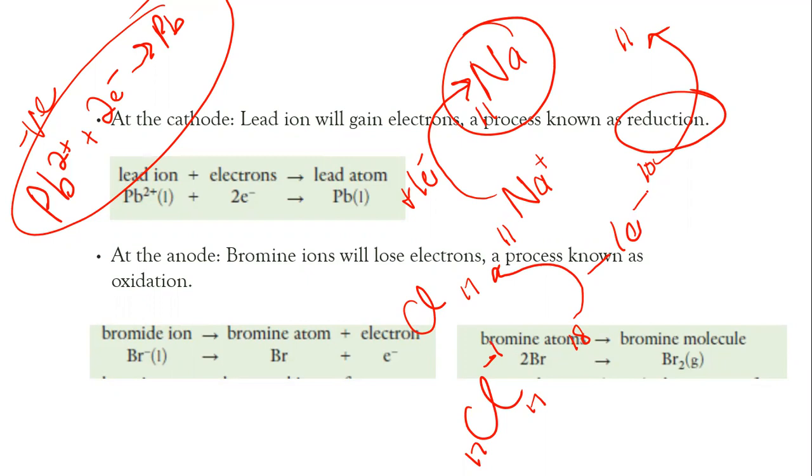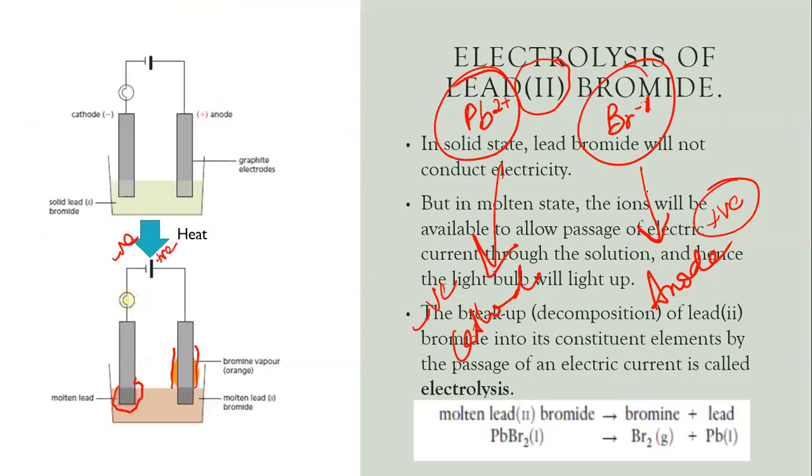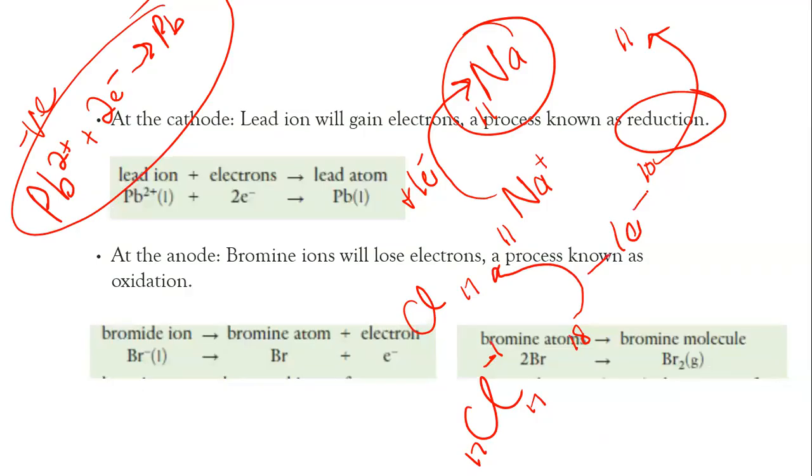When a negative ion loses electrons, we say that is oxidation. And the same thing will happen to this bromine. We said bromine is the one that is going to go towards the anode. So what is going to happen? This is your bromine ion. Your bromine ion has to lose an electron to become a bromine atom.